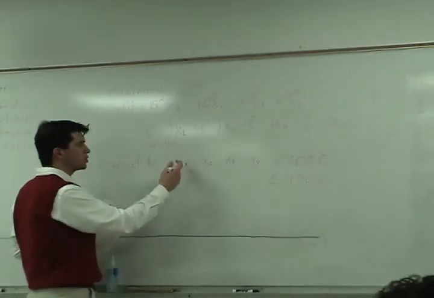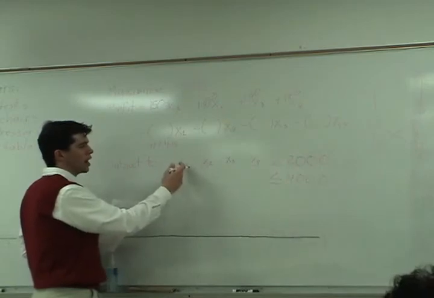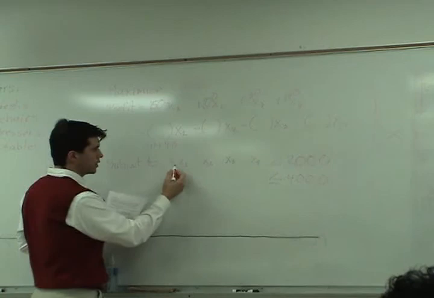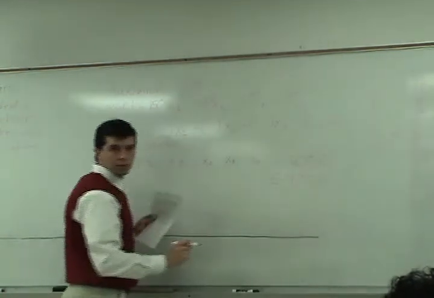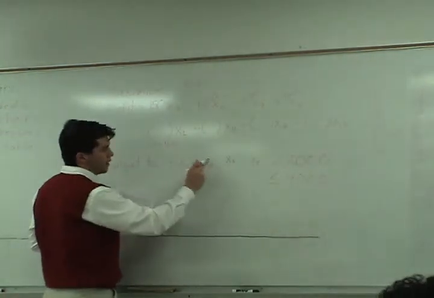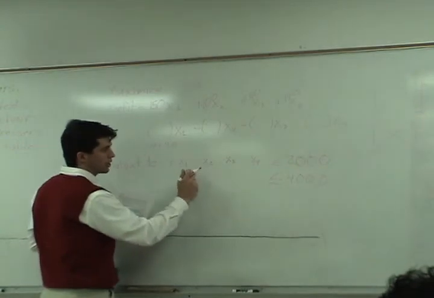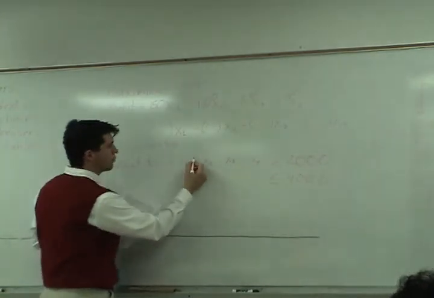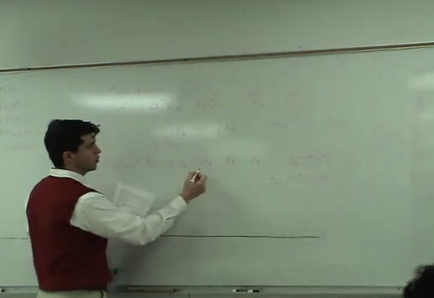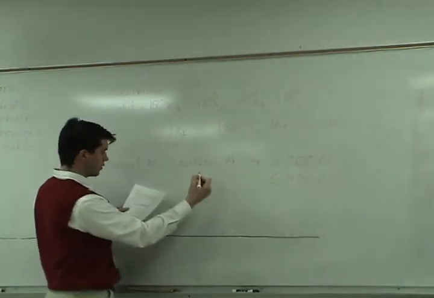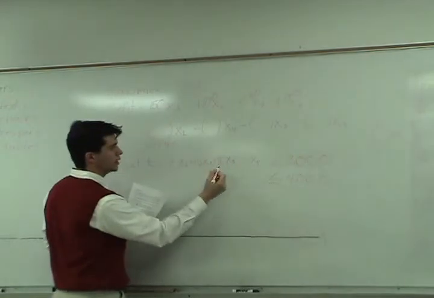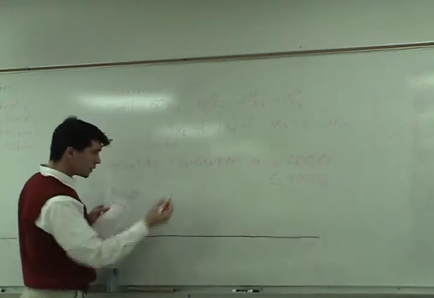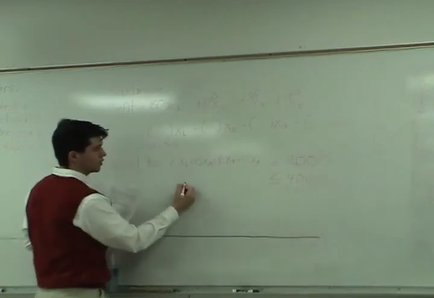So if you want to produce one chair, you're going to use 7 board feet, and this amount cannot be greater than 2,000. But if you're also producing desks, the desk is going to use 1.5 x2, and then the dressers are going to use 10 board feet, and like that. You would do the same for the other.